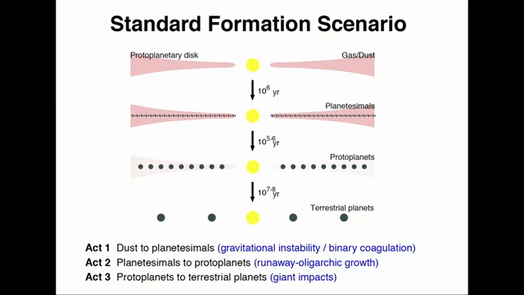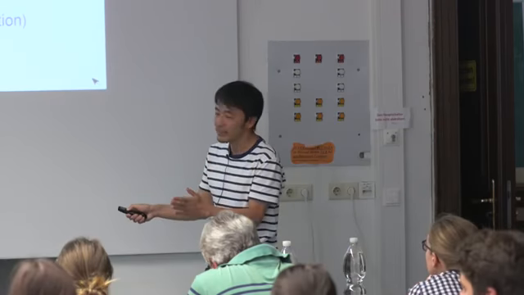Okay, so what is this standard formation scenario? This is a cartoon describing it, the edge-on view of the protoplanetary disk. The formation scenario consists of 3 stages, or 3 acts. The first is the formation of planetesimals from dust. The second is the formation of protoplanets from planetesimals.